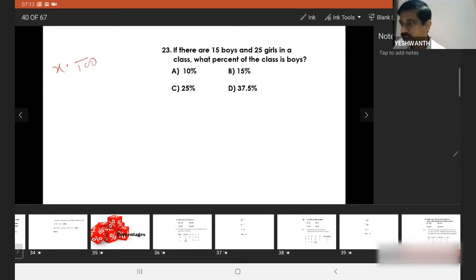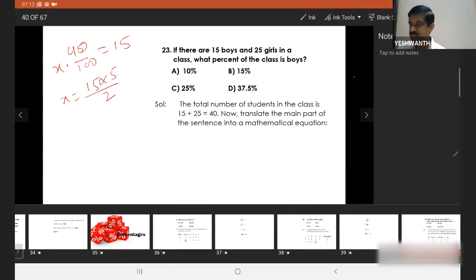Total number of students is 40, boys is 15. Okay. What percent of the class means 40 equal to boys 15. So now X equal to 15 into 5 by 2. Okay, 15 into 5 by 2, 75 by 2, that is approximately 37.5 percentage.